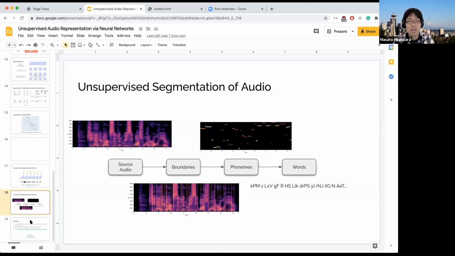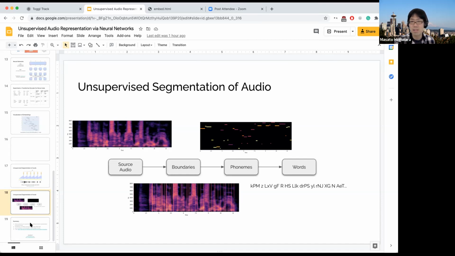So there's a lot of possibility and future directions. I just wanted to emphasize that audio embeddings, the audio representation, is the very important first step for any downstream tasks, including translation, analysis, and so on.